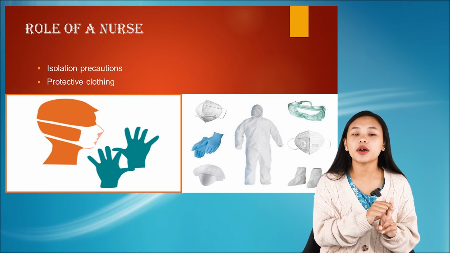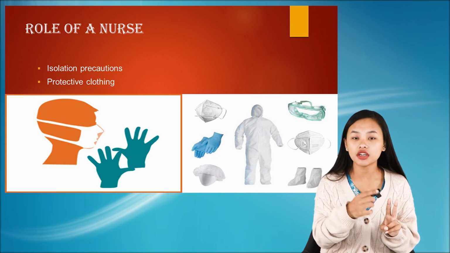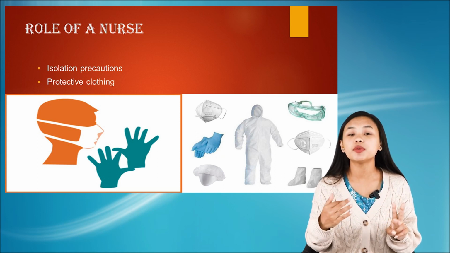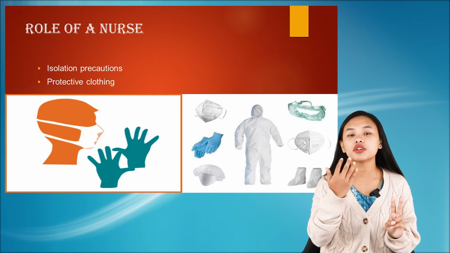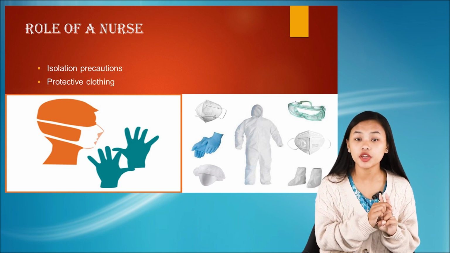The second one is wearing protective clothing, which is wearing the mask, the gloves, and the gown, because in this manner you will be protecting yourself from the body secretions, the body fluid, as well as the blood of the patient. The next is keeping a check on the visitors.